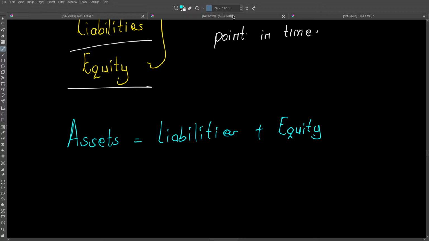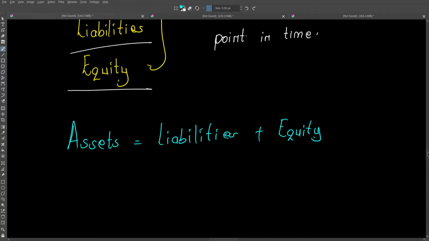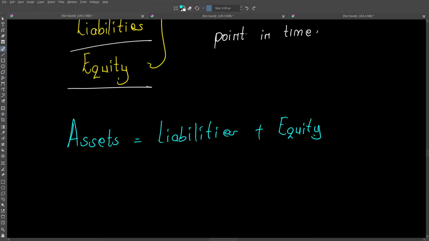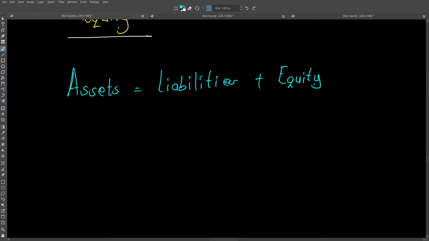Always when you have the statement of financial position, assets will equal liabilities plus equity, because every time a transaction happens, it affects at least two accounts and leaves the accounting equation balanced. I've done previous videos on this; you can check my bio for an illustration of how the accounting equation works.